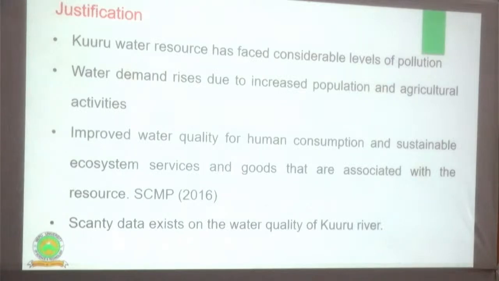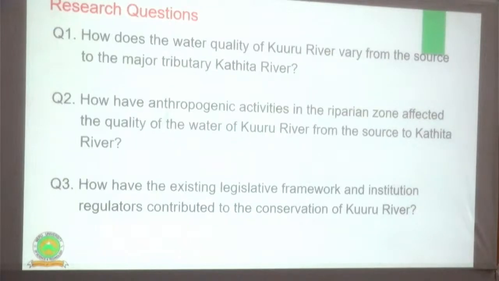So, due to the need for water quality, there is a need to do this study so that we know how water quality in Kuru River can be improved. Also, there is scanty information about the quality of water in Kuru River.